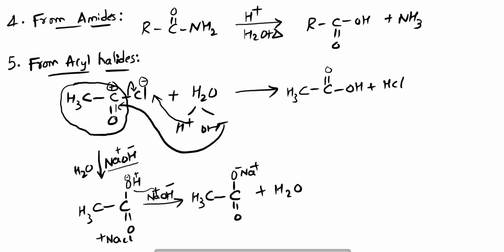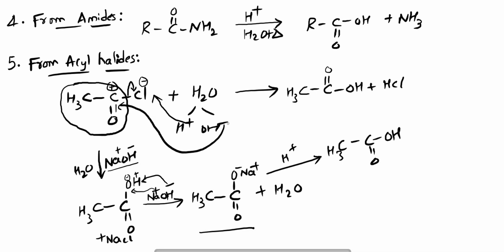So plus attacks on minus, minus attacks on plus. That is how we got it. Means when I add a base with water to acyl halides, I get a salt, but not directly carboxylic acid. To get carboxylic acid, add any acid. If I add acid, then we get carboxylic acid. That is how we prepare carboxylic acid from acyl halides.